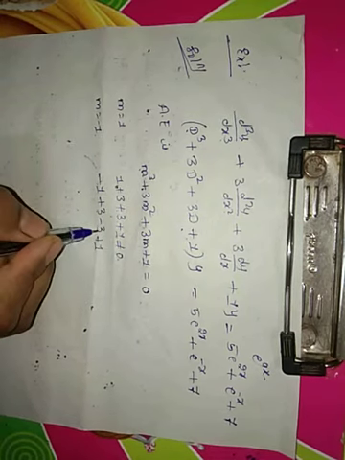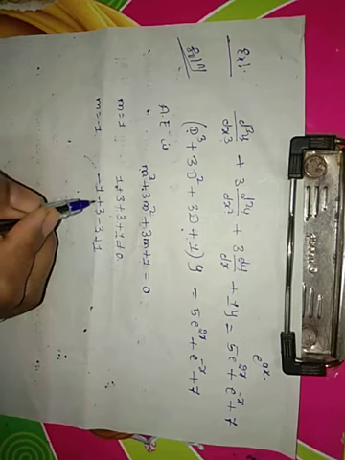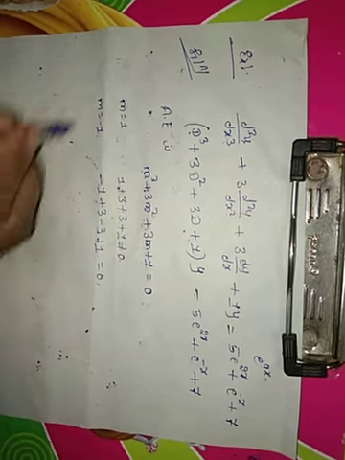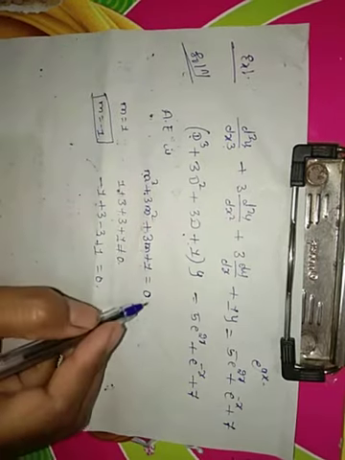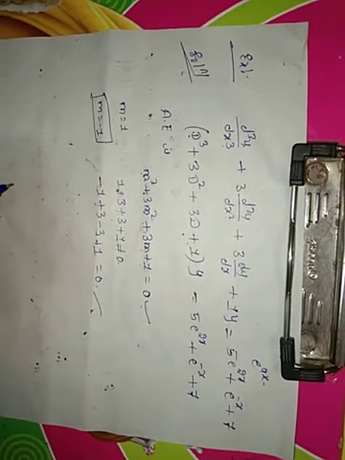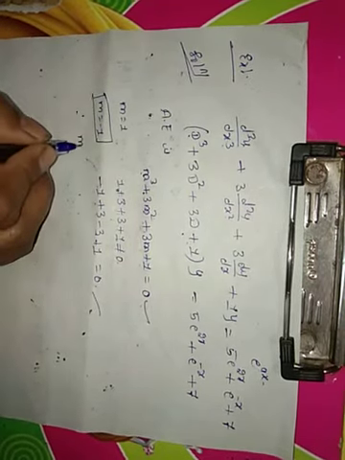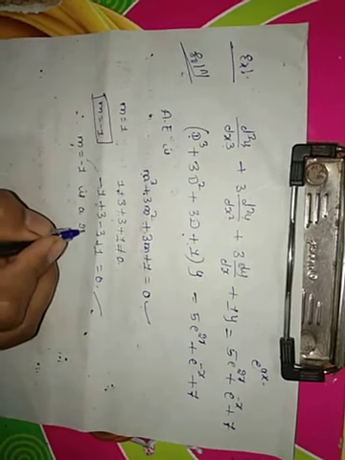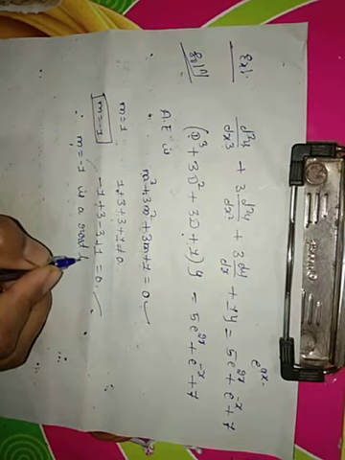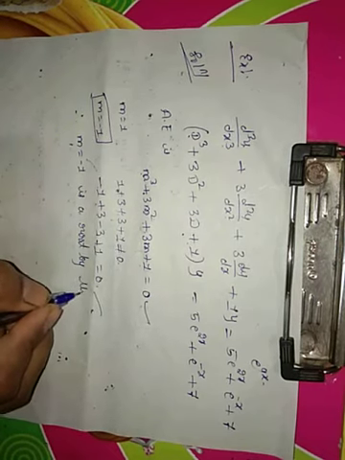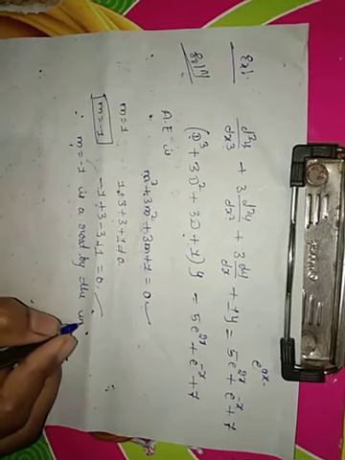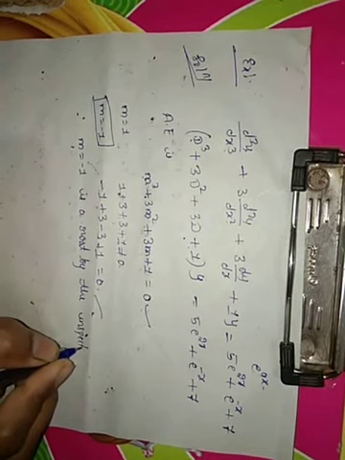Plus 3 minus 3 cancelled, plus 1 minus 1 cancelled, so that is equal to 0. So at m equal to minus 1 the equation is satisfied. Therefore, m equal to minus 1 is a root by the inspection method.